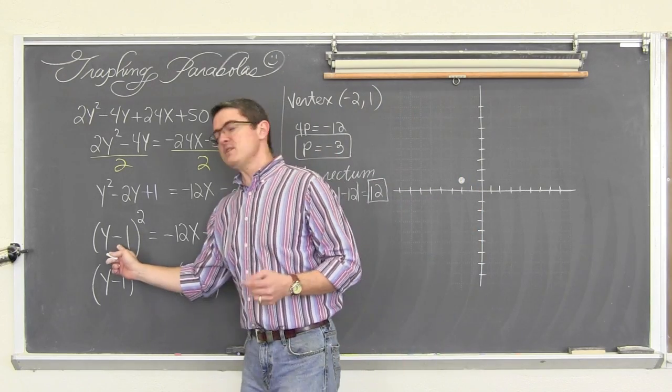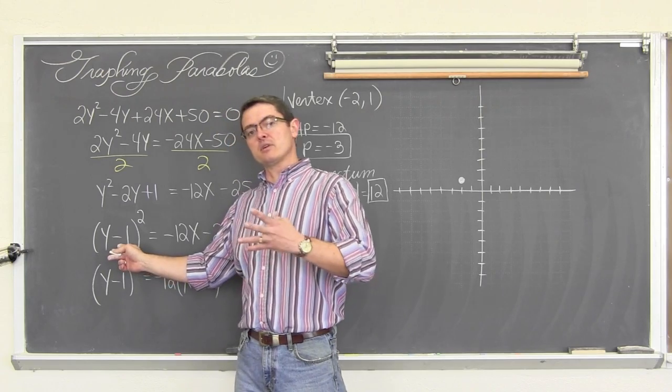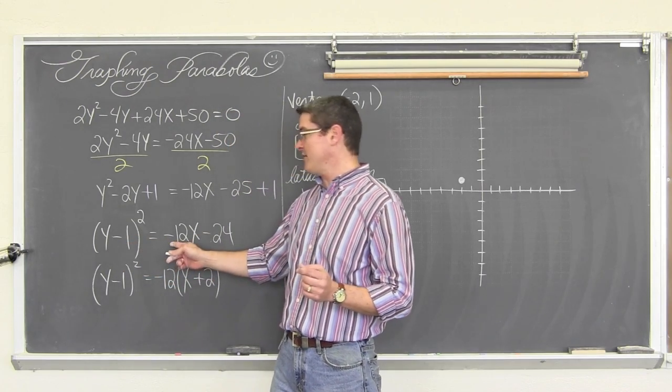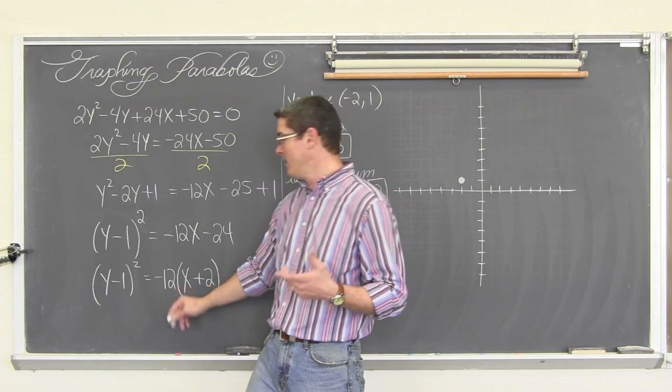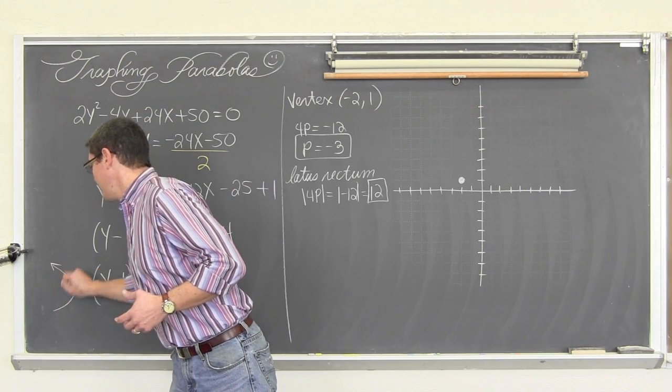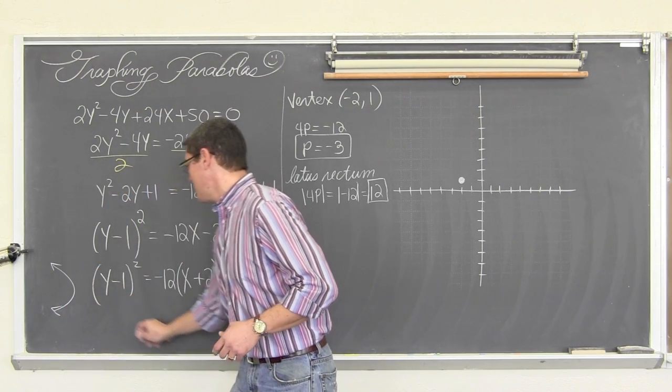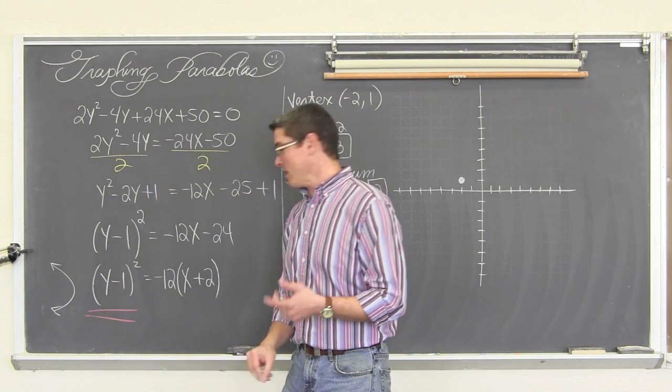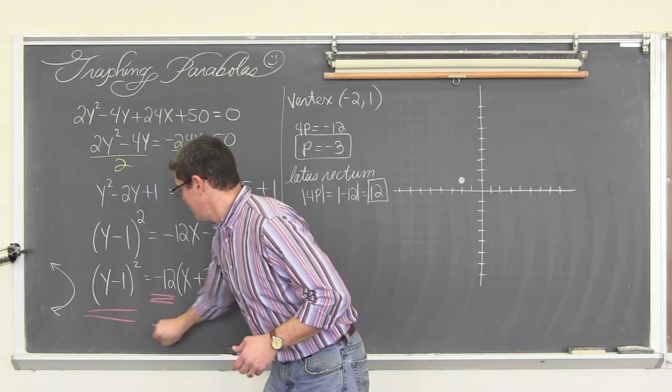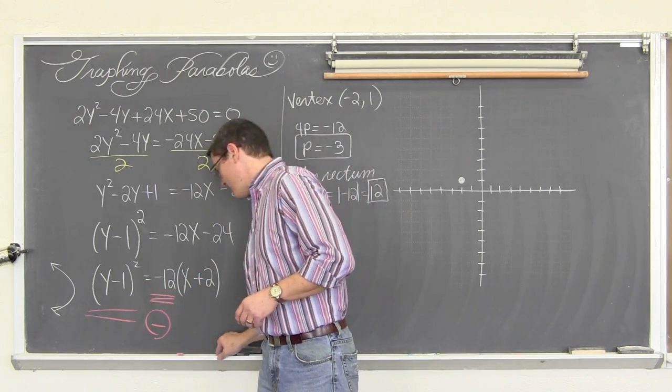Our y term is the one being squared, so it's either going to open left or right, and with my 4p value being negative 12, my parabola is opening to the left. Again, because of what's being squared, the y, and the sign of my 4p value.